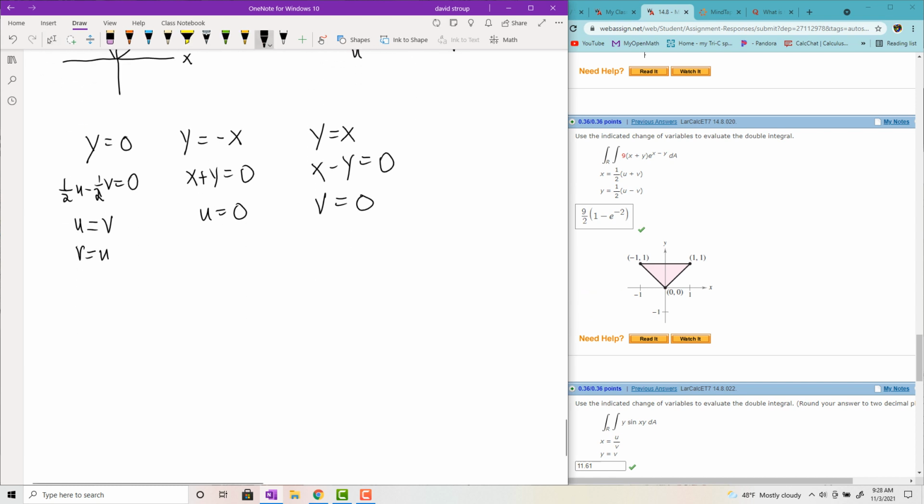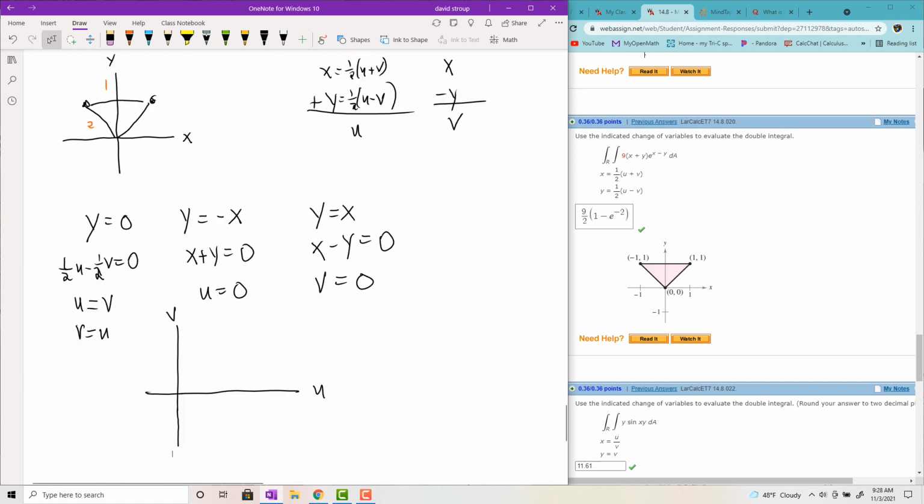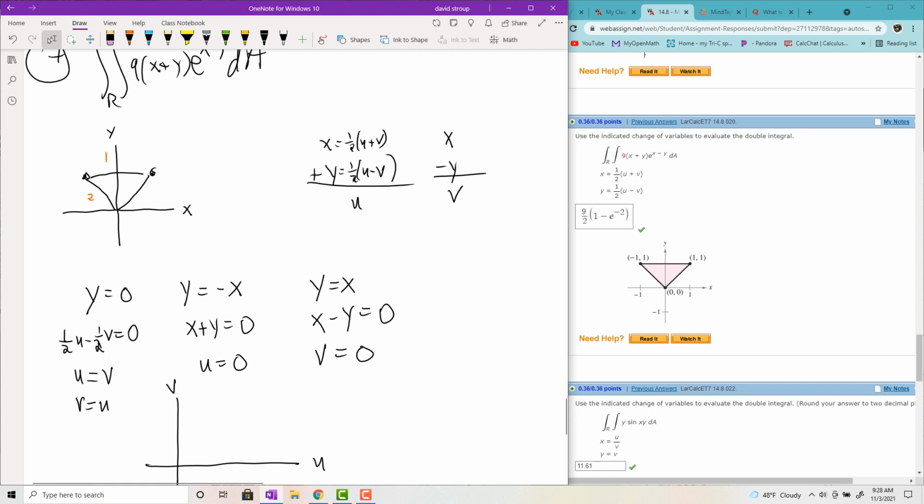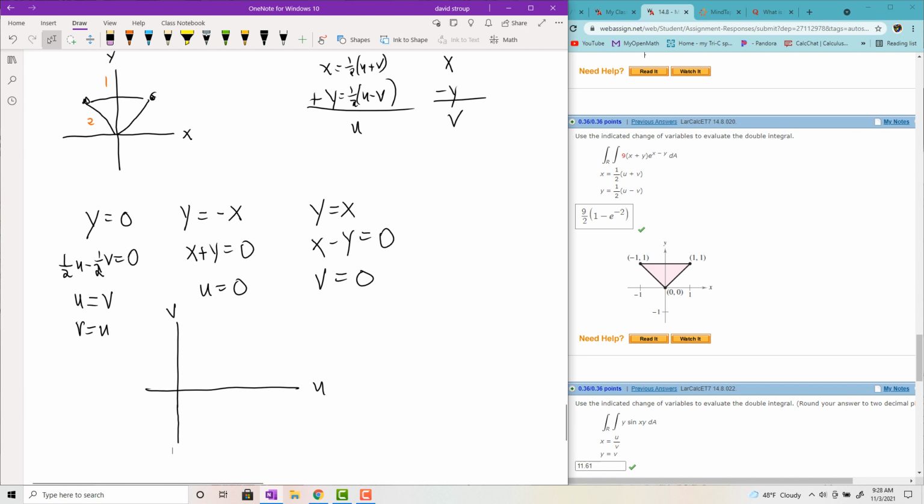And so in the uv plane, I have to be careful of what I'm integrating. I have v, so that's not right, is it? Seems like it's right, but it wouldn't be right. What do we have?